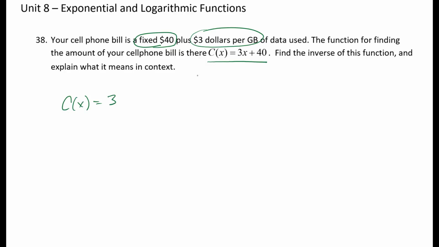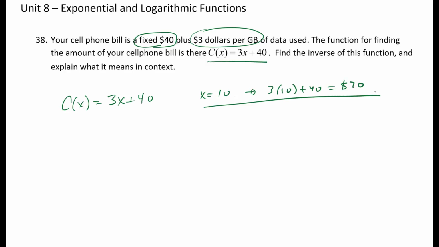If x is the number of gigabytes, the cost of your bill is 3x plus 40. So for example, if you used 10 gigabytes of data, your cell phone bill would be $3 times the 10 plus 40, or $70.